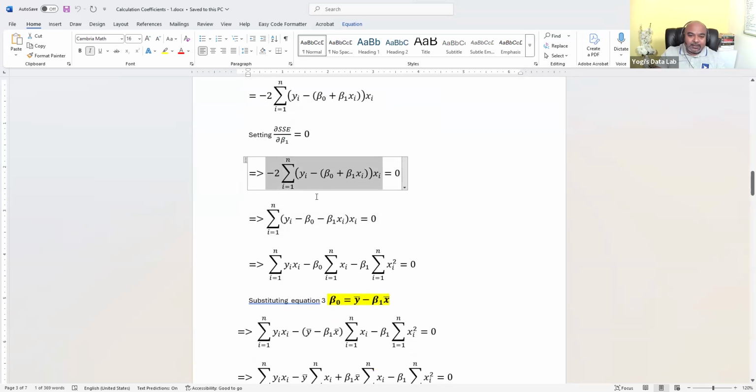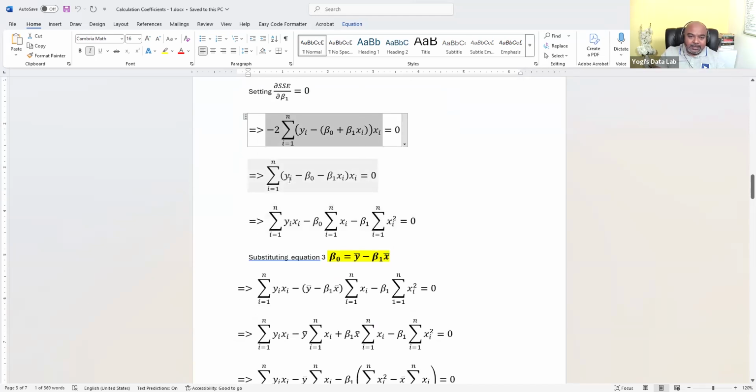So when you expand this, you get summation of (yi minus beta 0 minus beta 1 xi) multiplied by xi equal to 0. Let's multiply xi over all the terms inside. So you see summation yi xi minus beta 0 summation i equals 1 to n xi minus beta 1 summation i equals 1 to n xi multiplied by xi, which becomes xi square, is equal to 0.